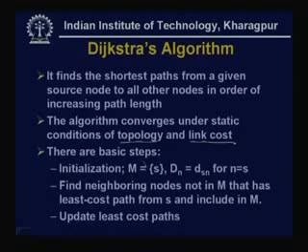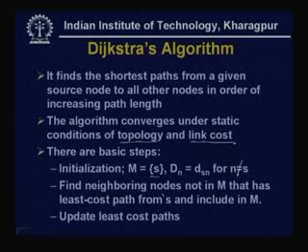Initialization: first it creates an initial set M starting with the source node S, and also a cost Dn, which is essentially the distance based on the link cost from the source node to a particular node n, for all nodes n which are not the source node.